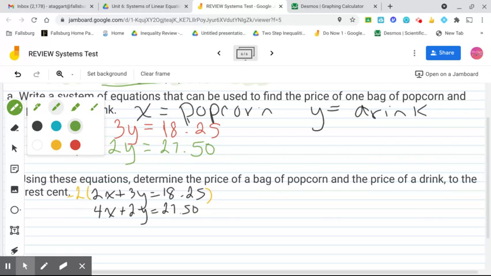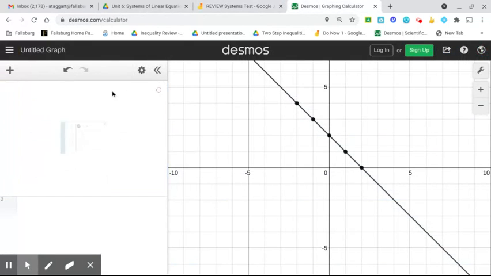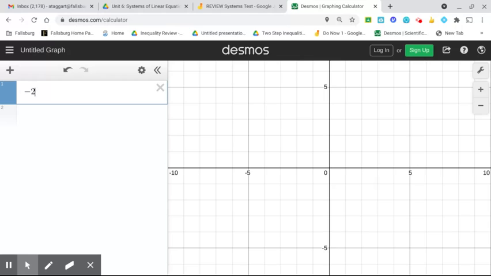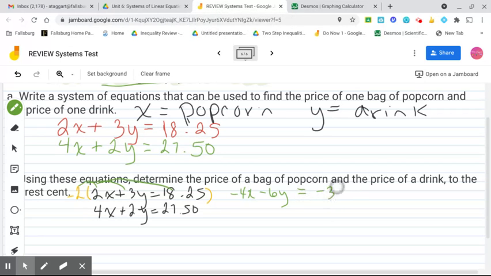Therefore, I'm going to distribute everything here. -2 times 2X is -4X. -2 times 3Y is -6Y. -2 times 18.25, just use our calculator quick, I'll get -36.5, or -36.50 since we're talking about money.